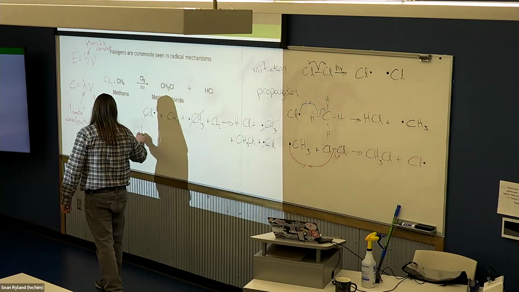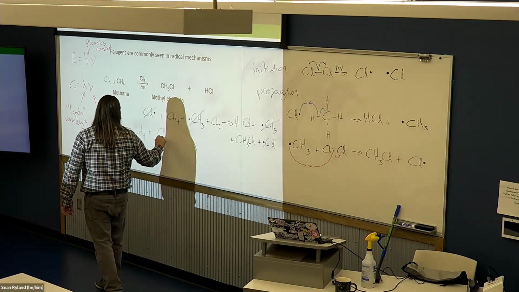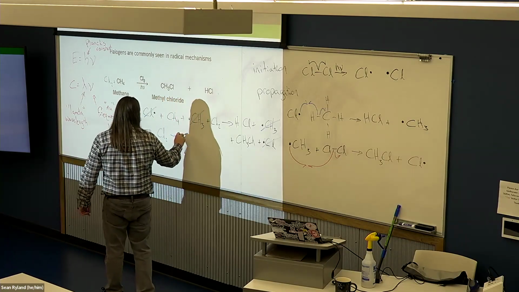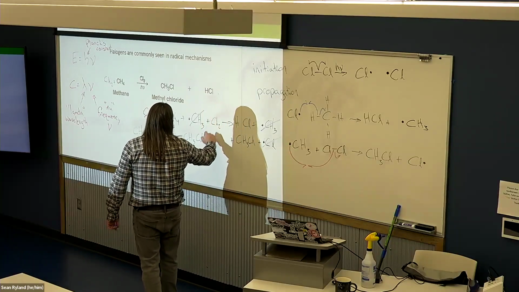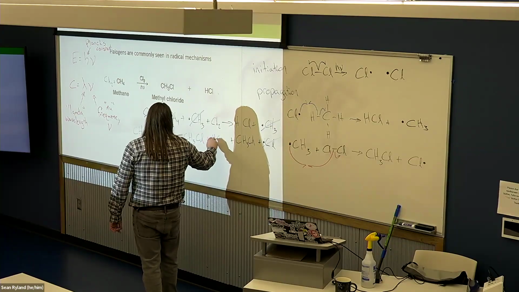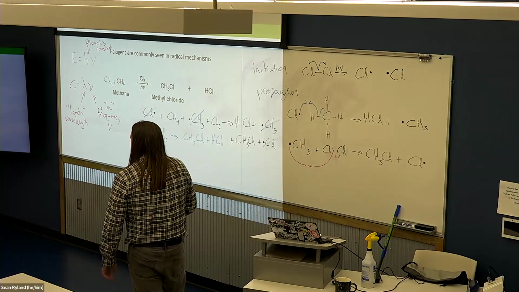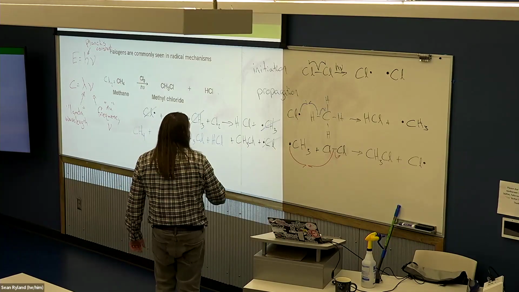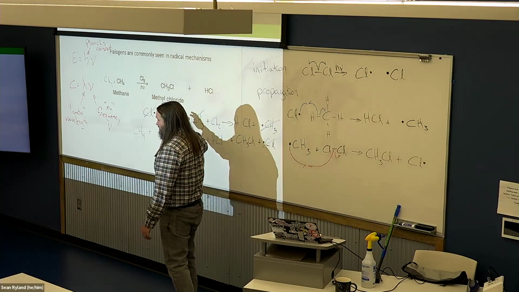Exactly what was already given to us. So that's what I mean by the propagation steps should add up to our net reaction.